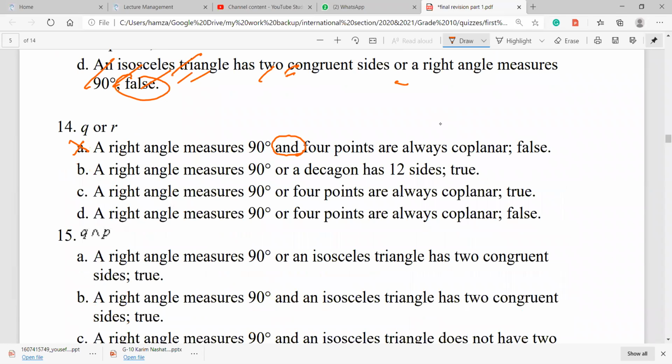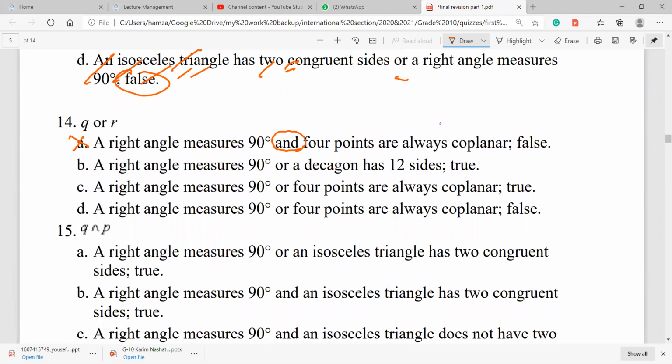A right angle measures 90 or decagon, this is wrong. A right angle and 4 points, that's right. A right angle measures 90 or 4 points, that's right. So the choice is either C or D.